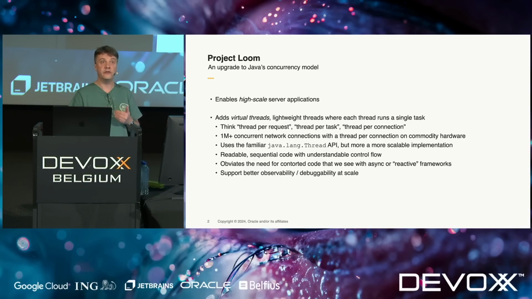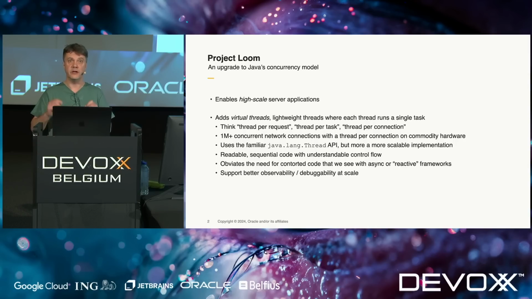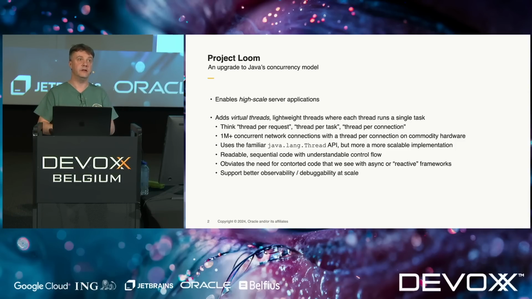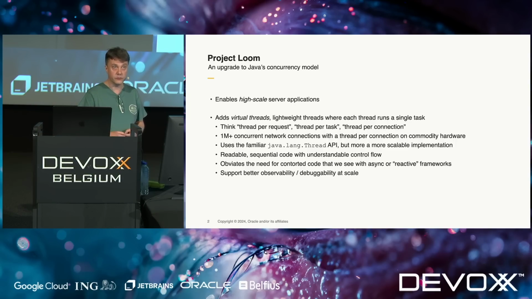But in doing this, we're essentially introducing a different implementation of java.lang.Thread. We have not introduced any new API. Yes, there are some small APIs to create these virtual threads, but for the most part, existing APIs, the existing Thread API, everything that assumes a thread of execution is able to run with these virtual threads.